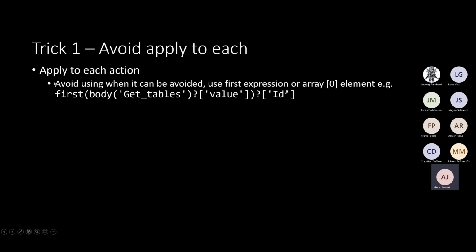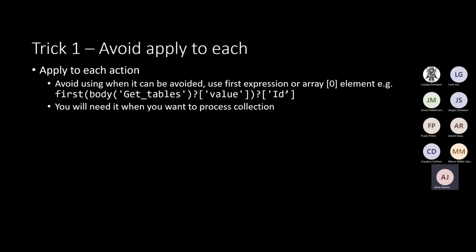What I'm doing is first getting the first row which is returned by get tables, and fetching the value of the ID column, so that I know this action is going to return only one row. So I don't need to use apply to each. Just using this expression, it will give me the value of the ID column of the first row in get tables. So avoid using apply to each.